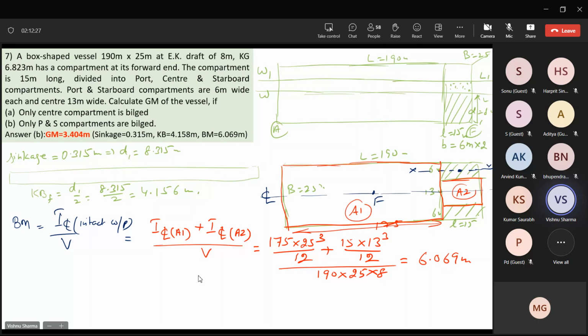So in this case, because the side tanks do not have any cargo, we could avoid the use of parallel axis. However, if it does not strike you, still want to use parallel axis, there is no offense. It's perfectly fine.